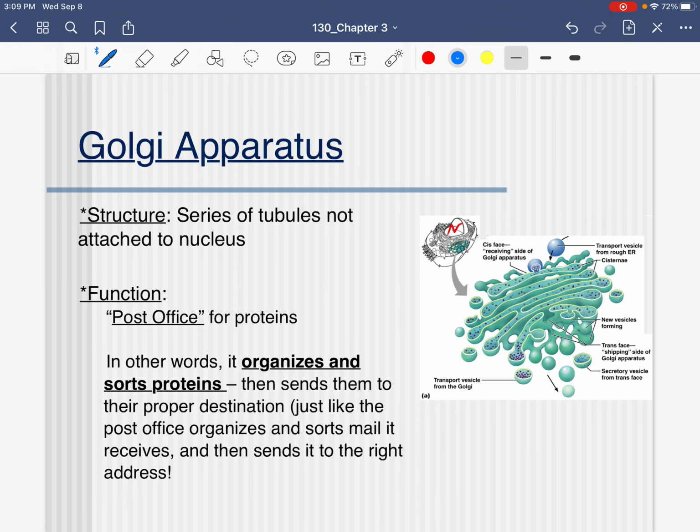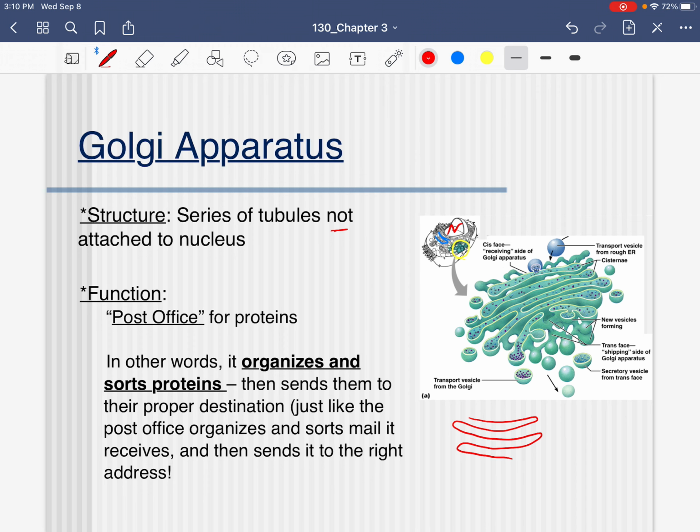We have the nucleus. And right outside the nucleus, we're going to find the ER. I just put it in blue. Well, separate from that, not attached to the nucleus, is another series of tubules called the Golgi apparatus.